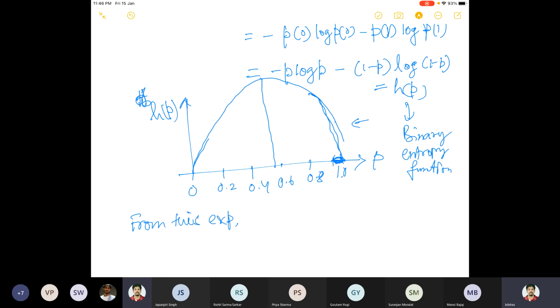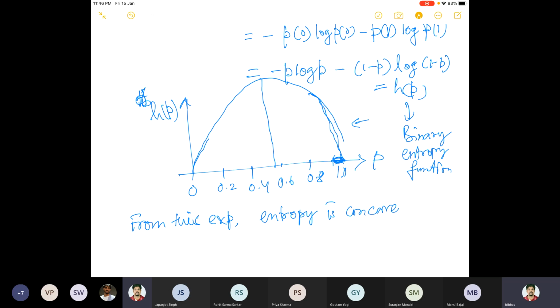From this example, we can make an observation. We'll see in general what can be done. For this particular entropy, for this example, entropy is concave as a function.